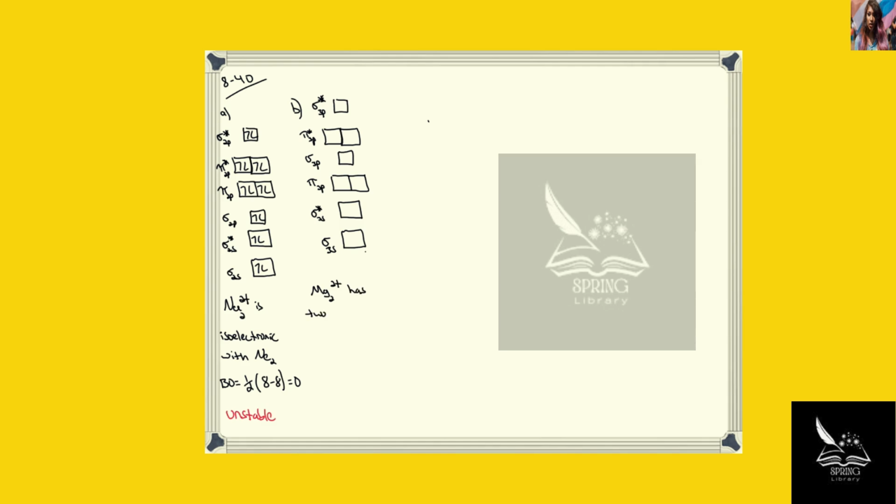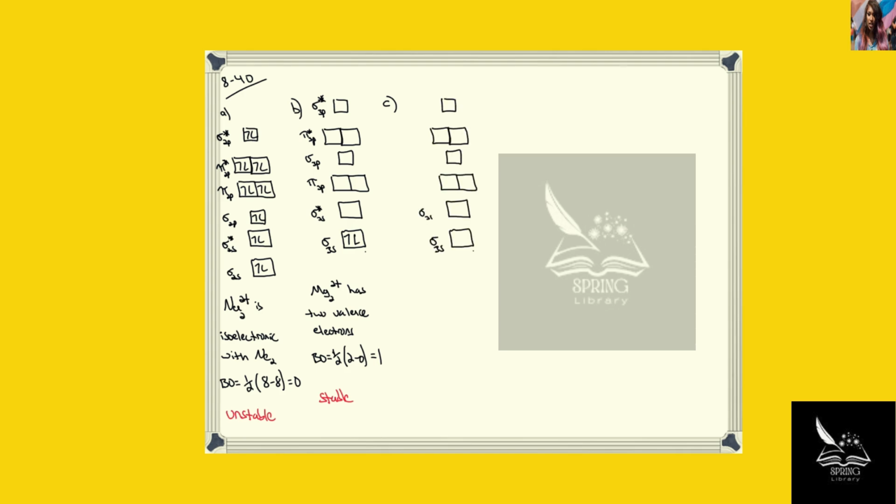So for magnesium 2+, we're going to have a total of just 2 valence electrons. When plugging the 2 into the sigma 3s, we're going to have just 2 bonding electrons, 0 non-bonding. So we have a bond order of 1. So this would be stable.